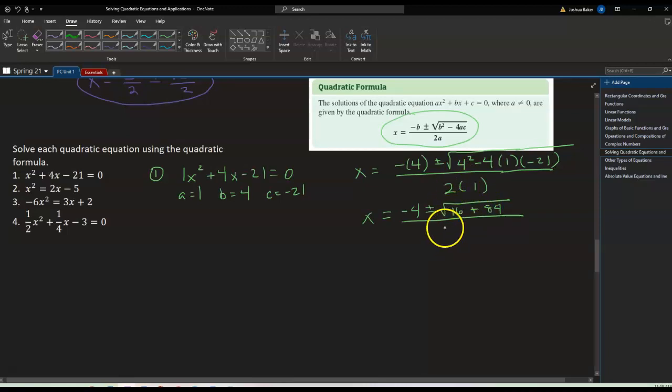Then in my denominator here, 2 times 1 is 2. Let's go ahead and do that one now then. Underneath the square root, if I add 16 and 84, I get a 100.